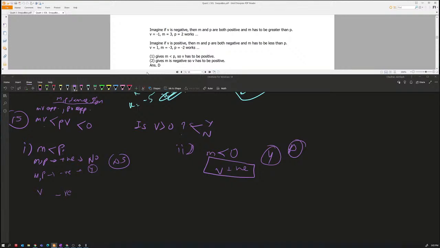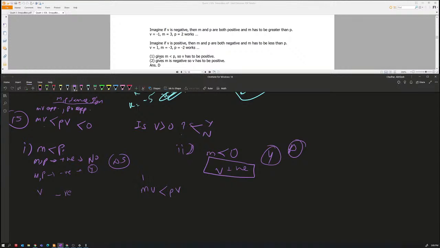So what's the point there? If M is less than P, V has to be positive. Why does V have to be positive? Here, MV is less than PV.